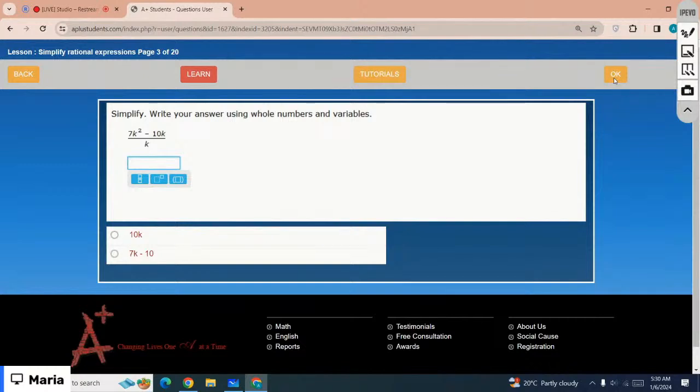Yes, option number 2 is the correct option, that is 7k minus 10.